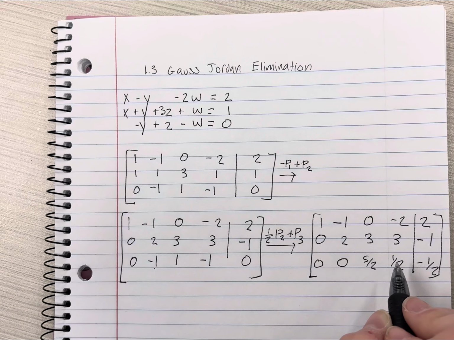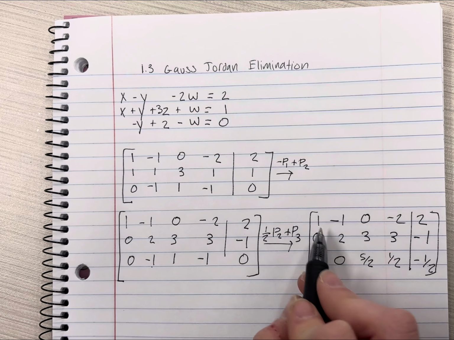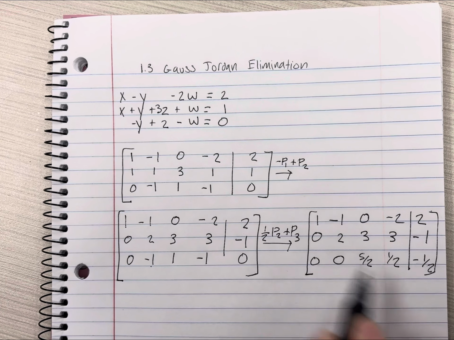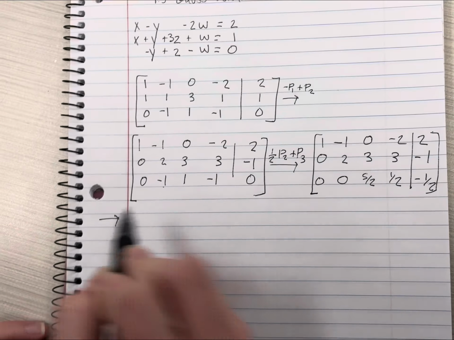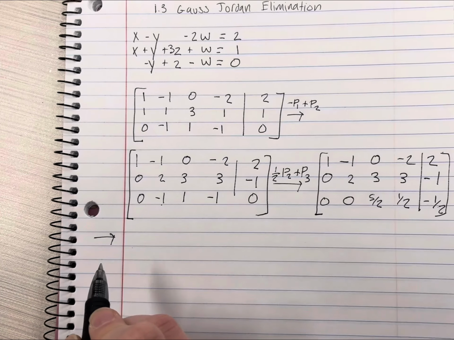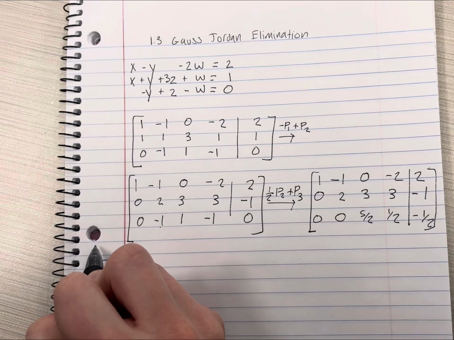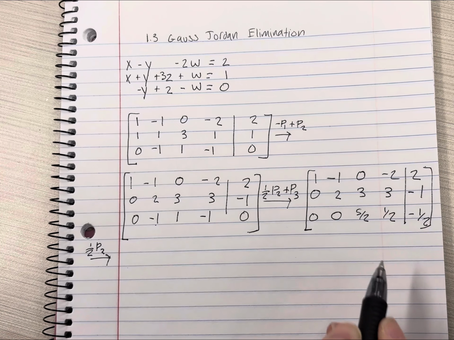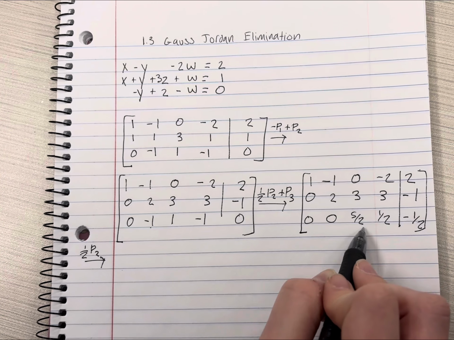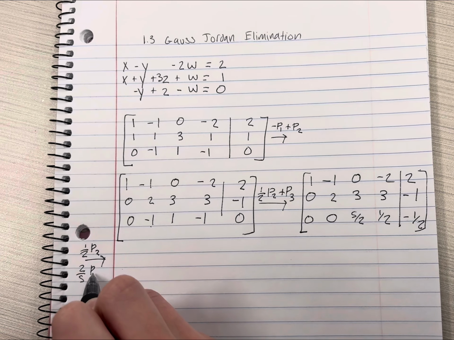Okay. So now that we have all the zeros under the diagonal, we want to make all of its leading coefficients 1s. Since I don't have room right here, I'm going to write the arrow right here to represent the row operations, and we're going to multiply row 2 by 1/2. And then we're also going to do row 3 at the same time, just to save space, and multiply it by its reciprocal, which is 2/5 row 3.